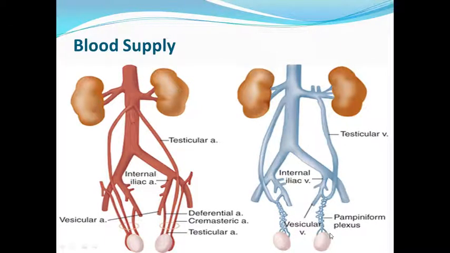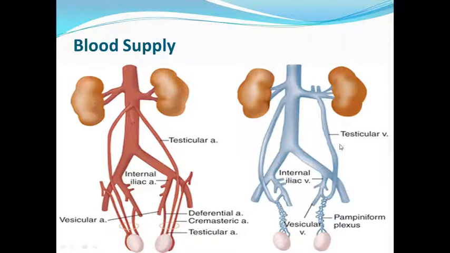So this pampiniform plexus will first drain the blood from the testis, and then it will open into the testicular vein. Yes, you can see in this figure, the pampiniform plexus drains the blood into the testicular vein.